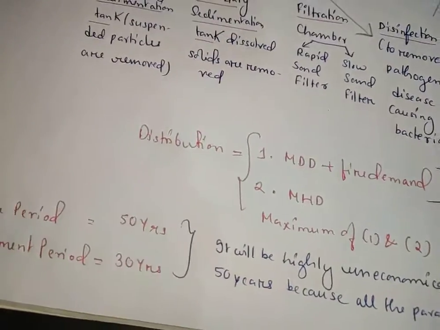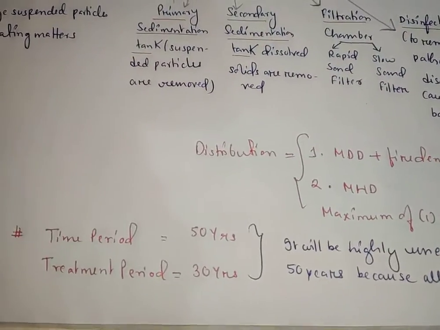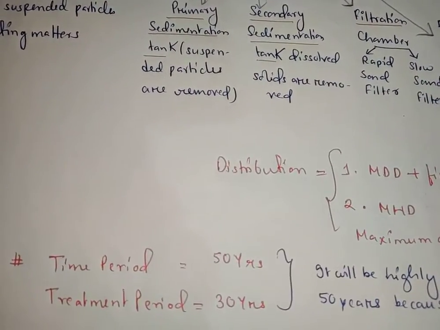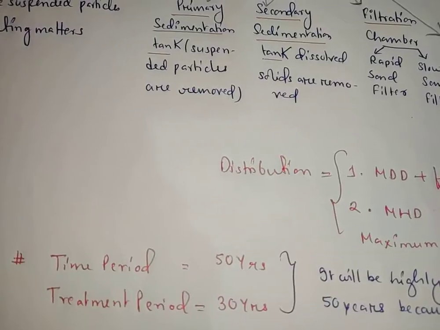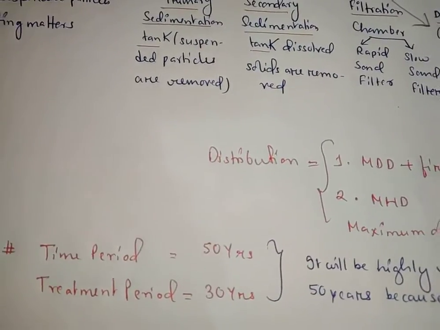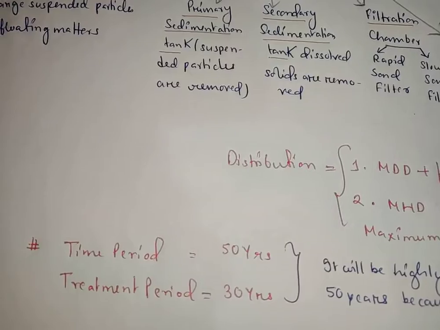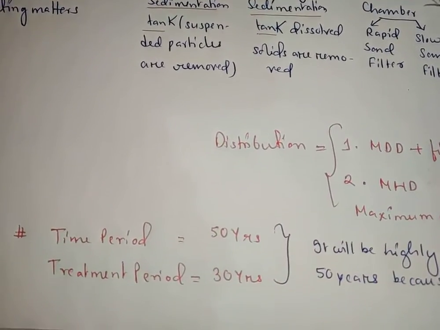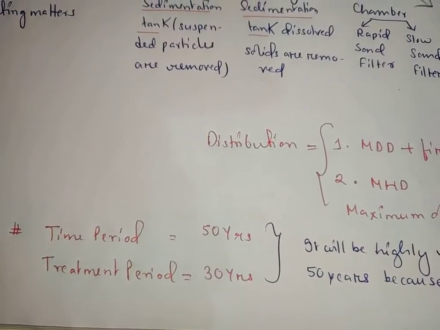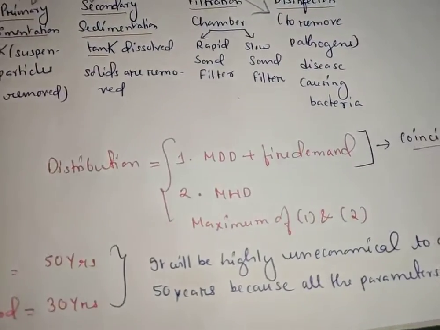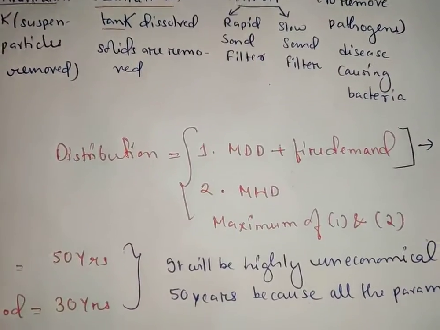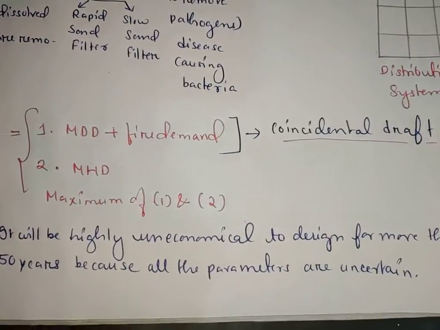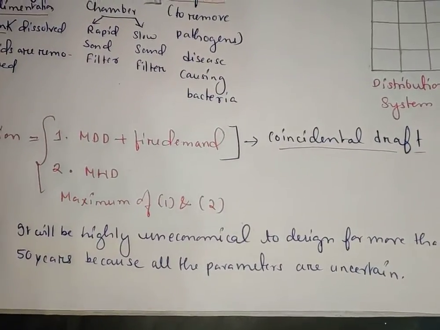Coming to know for what time period a treatment plant is generally designed: a dam is designed for 50 years, and a treatment plant is mostly designed for about 30 years. It would be highly uneconomical to design for more than 50 years, because we don't know what will happen after 50 years.